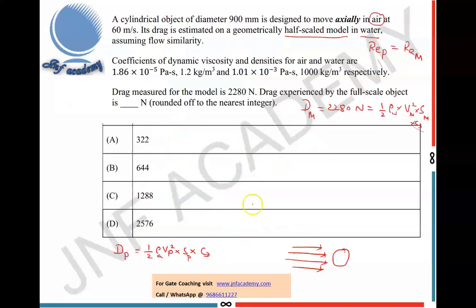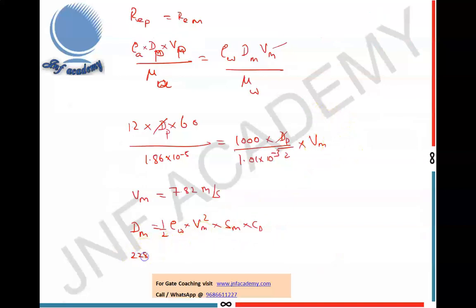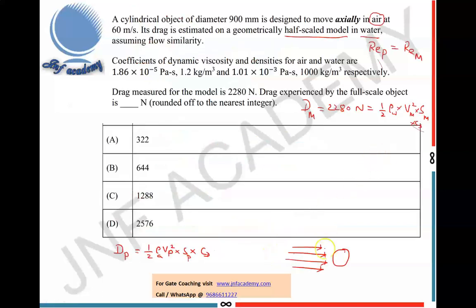So drag of the model is given, 2280, is equal to half into rho water, which is 1000, into Vm square, we just calculated 7.82 meter per second whole square, into Sm. We have to be slightly careful here because it's the projected area, right? See, this area, this entire area. So this is nothing but the area of the circle, right?